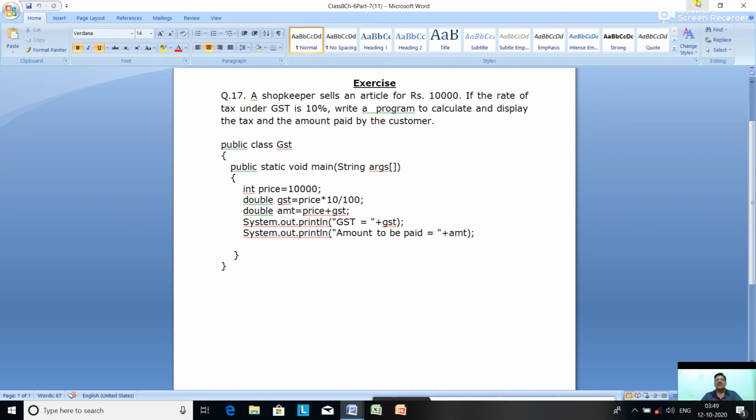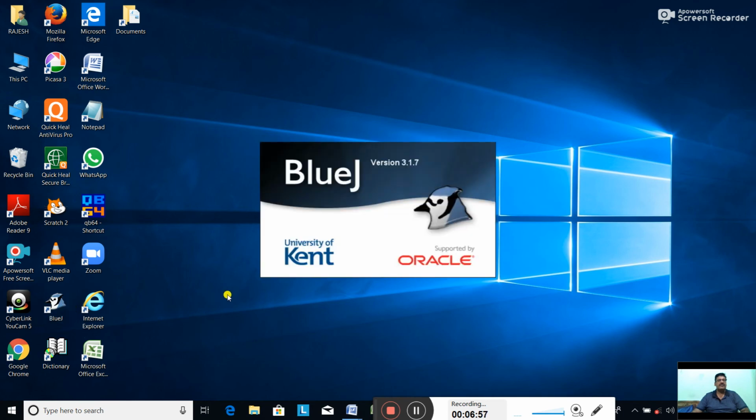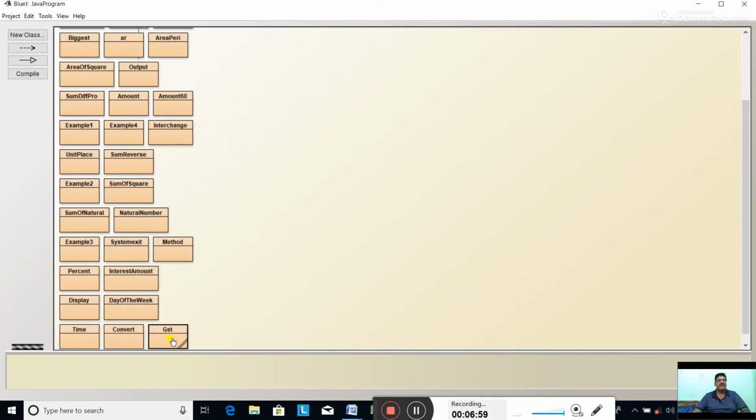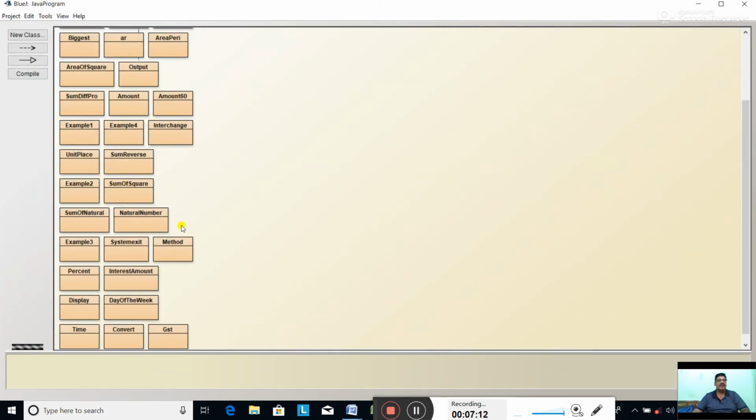Okay, so let us see the program. Public class GST, price 10,000, GST equal to price into 10 by 100, amount equal to price plus GST, print GST, print amount to be paid. Compile the program, right click, void main, OK. Now see, output came.